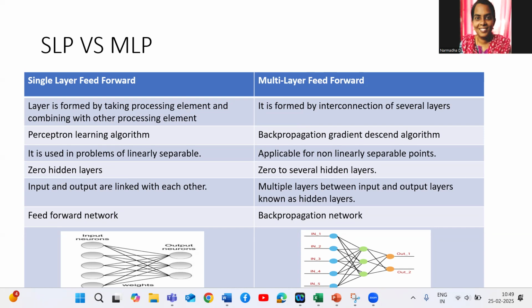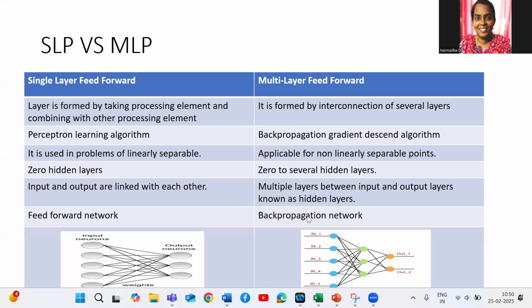And here we see that SLP is applicable for linearly separable data points, and MLP is applicable for non-linearly separable data points. In SLP, the input is linked with the output, and this is a feed forward where the input is taken and we perform the summation of the weights multiplied by the input, and then it is forwarded to the output neuron where the computation takes place.